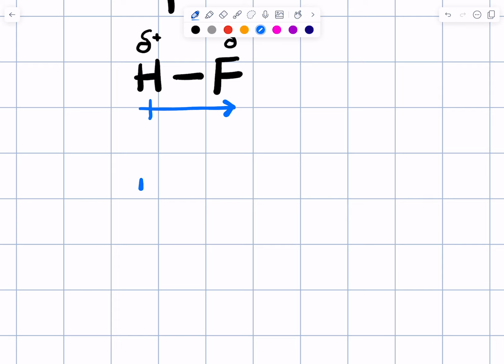So if your molecule isn't linear, you add together the dipoles to get the overall dipole of the molecule. Classic example of this is water. We have individual bond dipoles that are here and here because oxygen's more electronegative than hydrogen. The overall dipole of the molecule adds together to look like that. Okay, you can add them together like vectors.